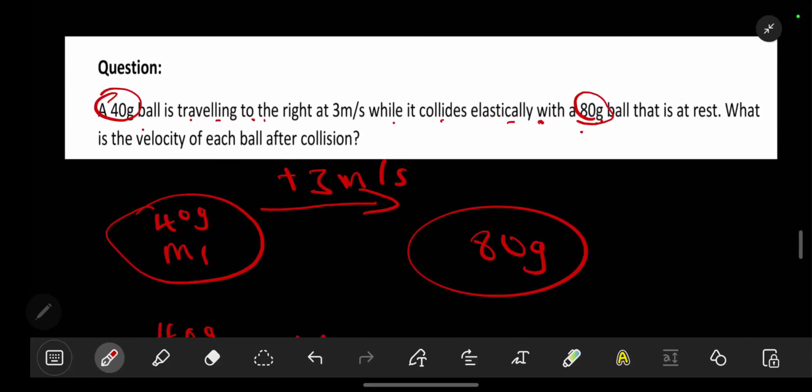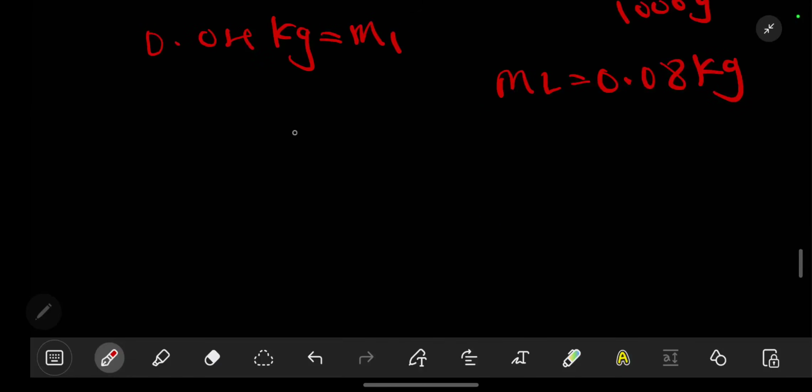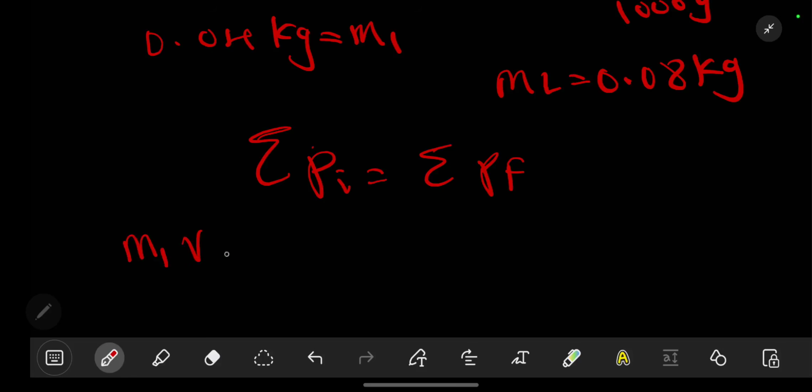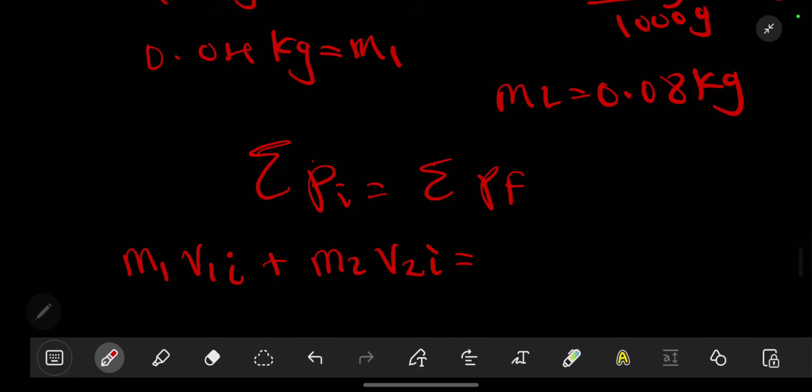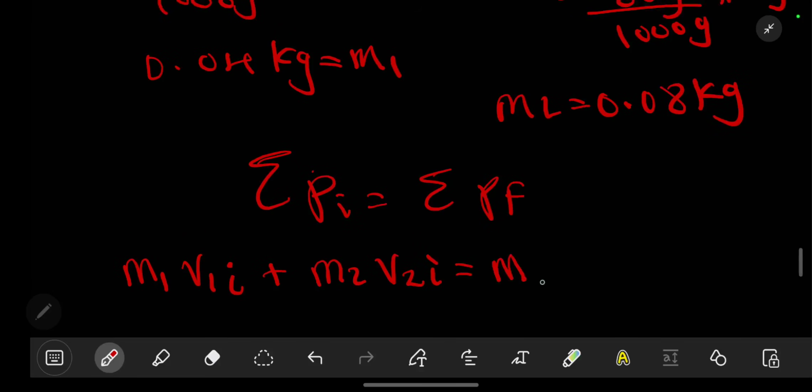So, what is the velocity of each ball after the collision? We are going to apply the summation of the initial momentum, equal to the summation of the final momentum. The initial momentum is m1 v1 initial plus m2 v2 initial, equal to m1 v1 final plus m2 v2 final.